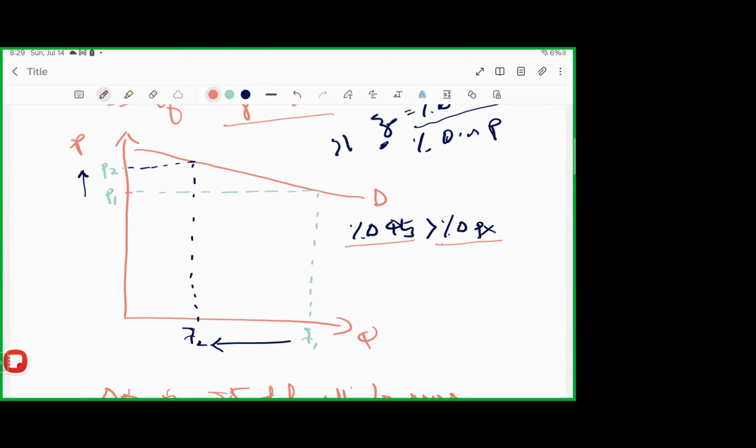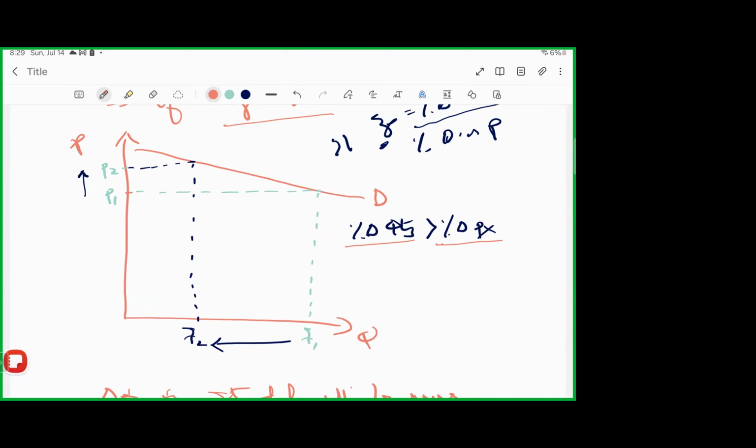On the other hand, if you decrease price by 1%, quantity demanded will increase by more than 1%. Or if you decrease price by 100%, quantity demanded will increase by more than 100%.